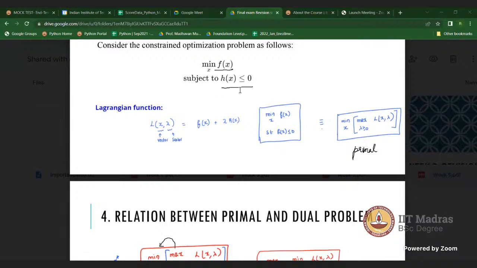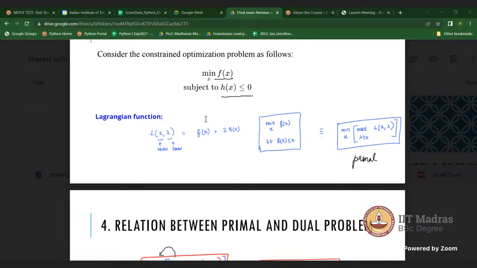Basically, when h of x is greater than 0, L of x comma lambda is going to be infinity. But when h of x is less than or equal to 0, since I want to maximize it, I take lambda equal to 0, so that L of x comma lambda is equal to f of x.